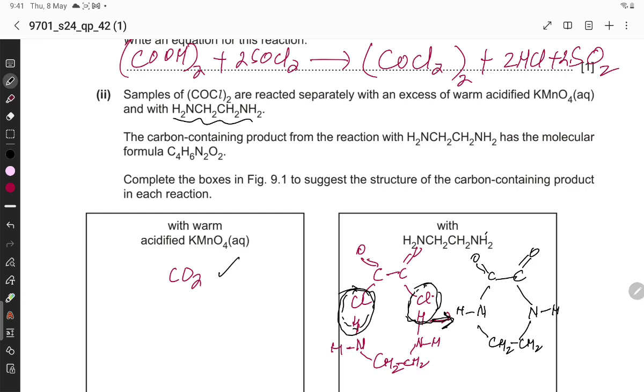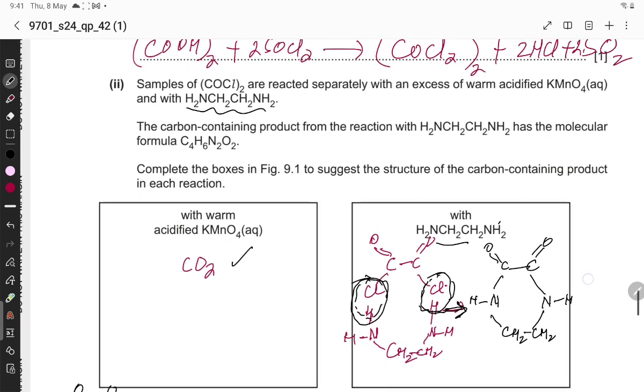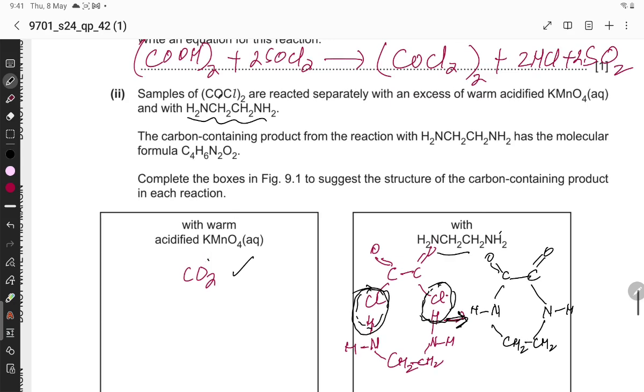Potassium manganate, when it reacts with both species, with warm acidified and with COCl2, forms carbon dioxide.